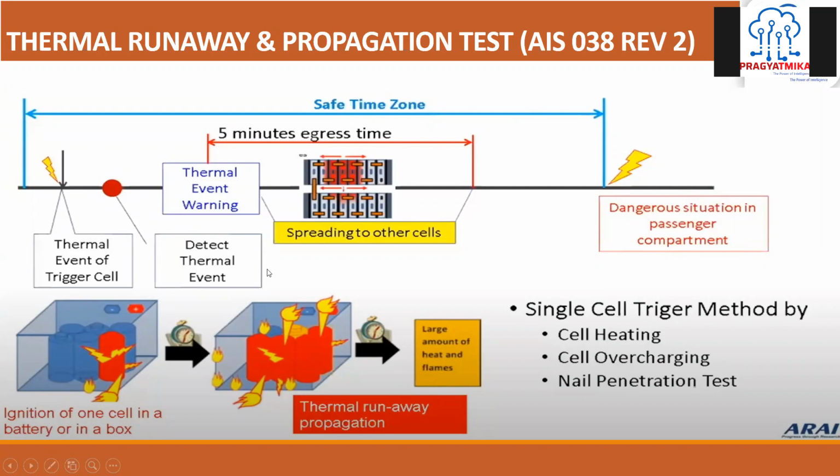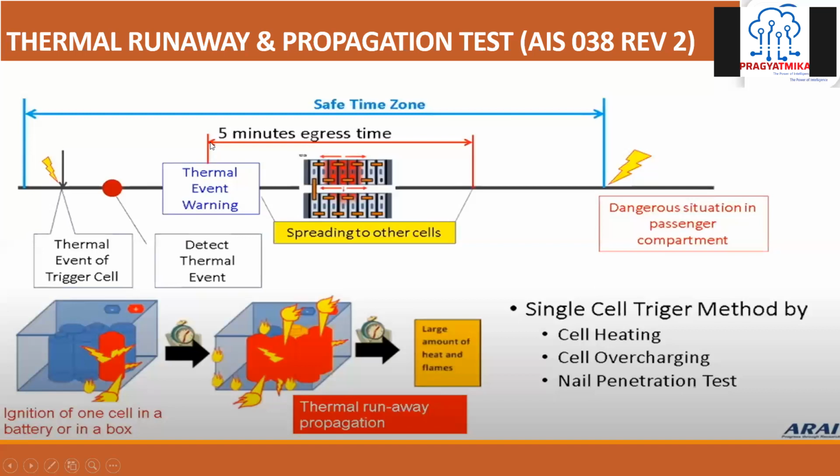So there is a time period. Once a cell ignition event happens, from that time, a time has been derived for the thermal warning event. If the temperature is rising, that thermal warning event should come.